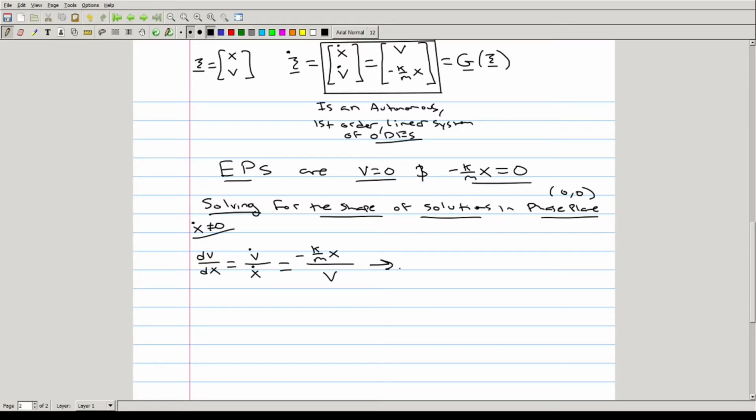So any phase curve or orbit in the phase plane will satisfy this single differential equation, which is the same thing as if we integrate both sides with respect to x. It's the integral of v dv equal to the antiderivative of negative k over m x dx.